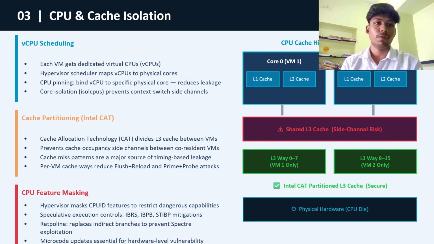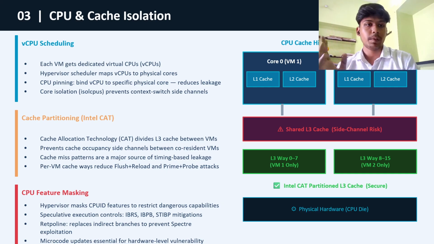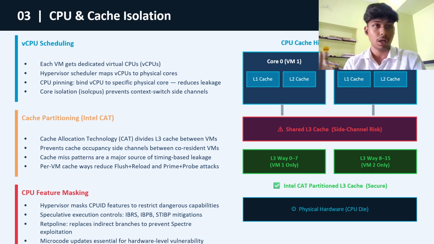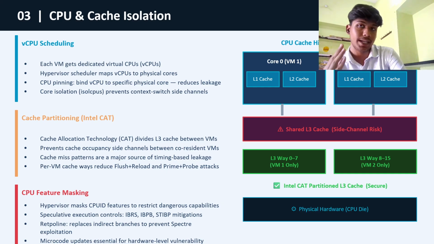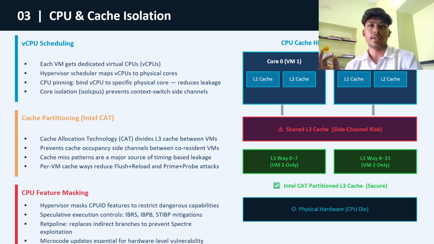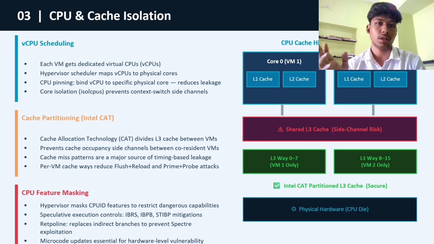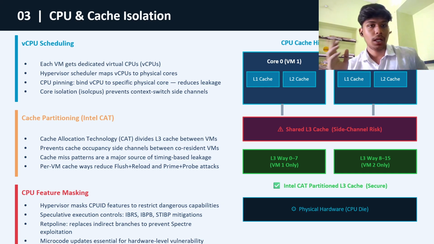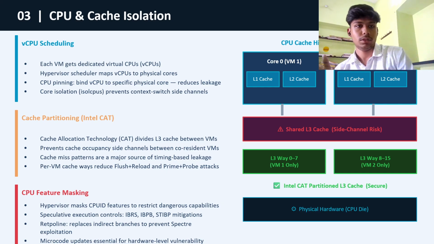Next is the CPU feature masking and Spectre mitigations. The hypervisor can mask or disable certain CPU features from being visible to the VM, restricting dangerous capabilities. For Spectre vulnerabilities specifically, there are several mitigations. Retpoline replaces indirect branch instructions with safer alternatives.